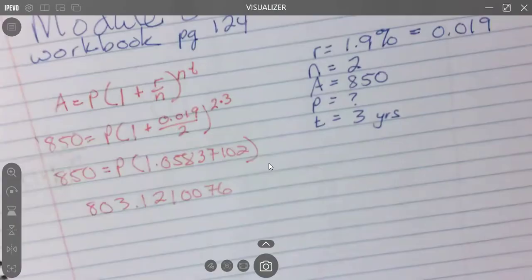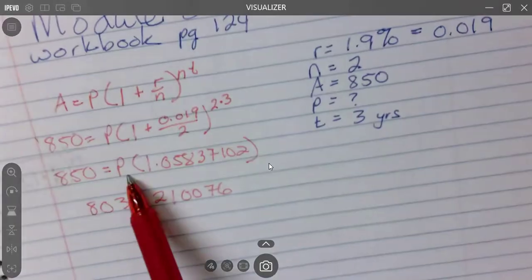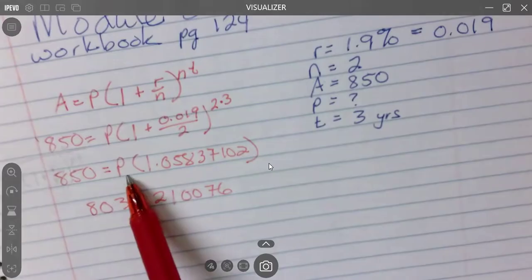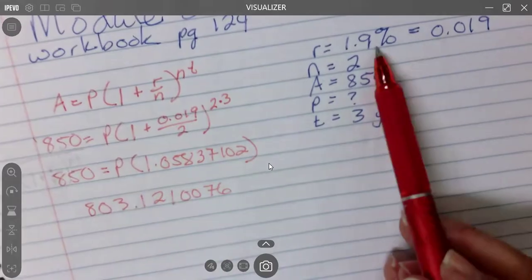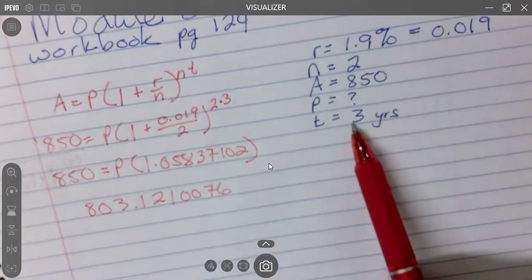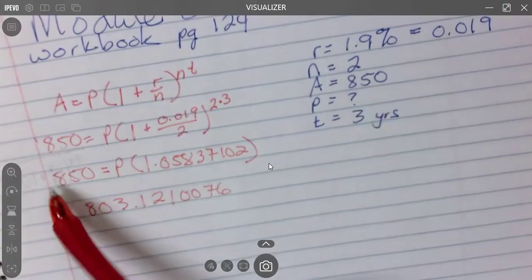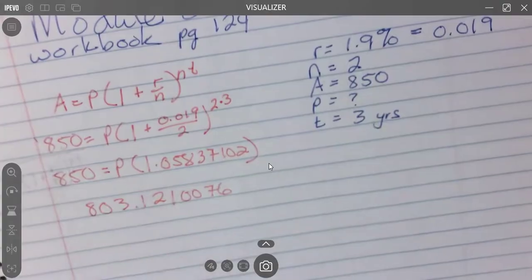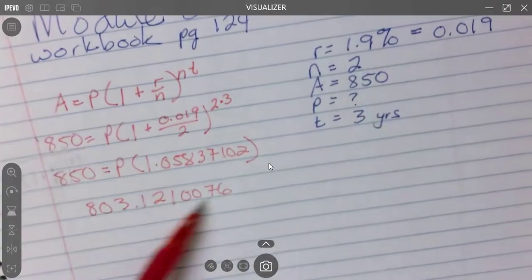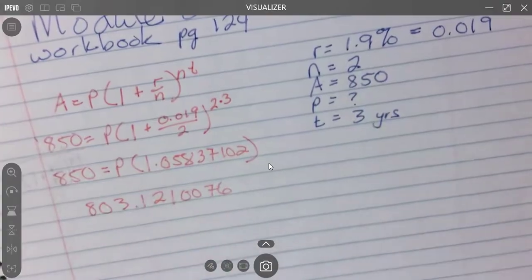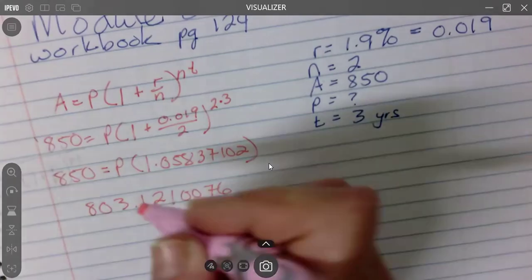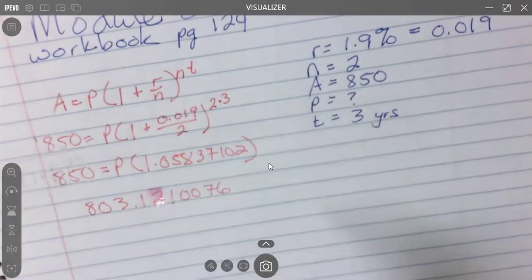And that makes sense. We should have put in less money, right? So if we started with $803 and we earned this percent interest for 3 years, compounded twice a year, it would get us an extra like $47, right? Ms. Heathcote, this is not how we write numbers for money. You are correct, we do not. For money, we stop at the pennies place.